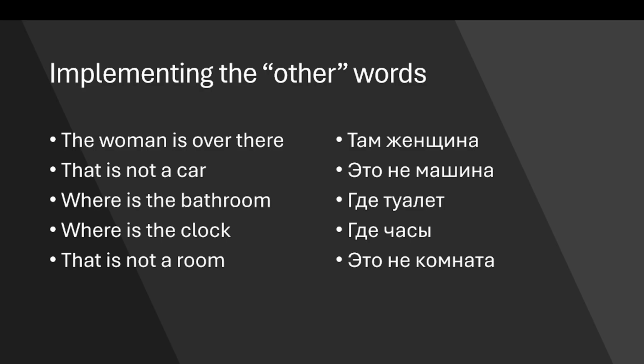Okay, so next we're going to put in that little не negator. That's going to follow the word это, and that can't change. Okay, это не машина. We can't say машина это не, or не это машина. No, it's always going to be это не машина.